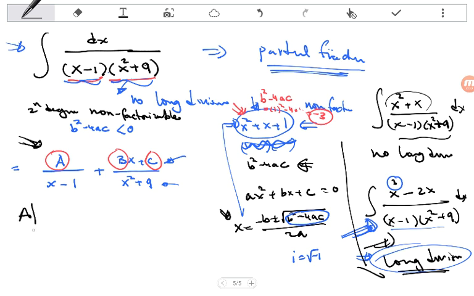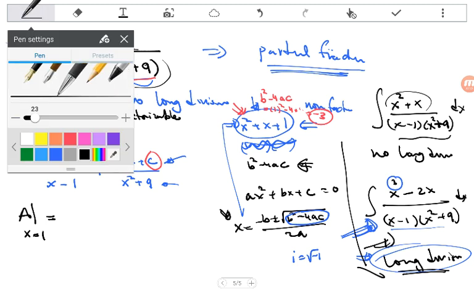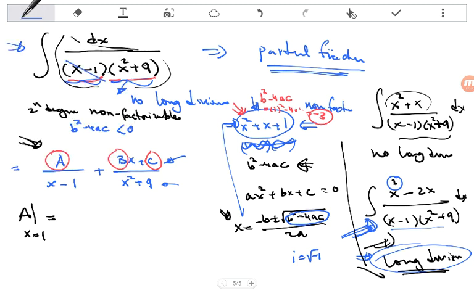So I can find a by substituting x equal to 1 in this expression, but by covering this bracket, which is the bracket of a. So I just substitute x equals 1, it will be 1 over 1 squared plus 9, which will be 1 over 10. So I've managed to find the value of a.